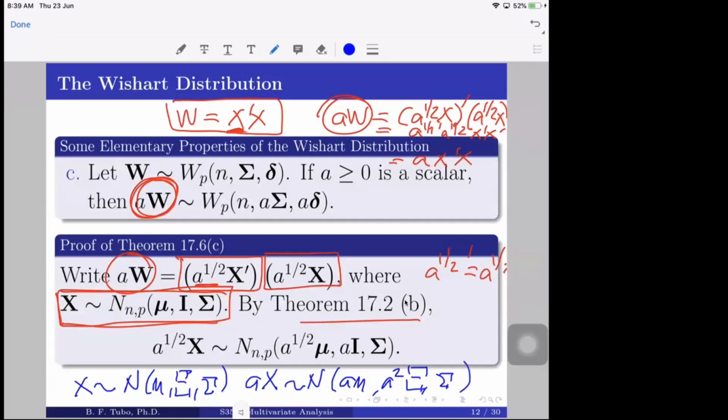Okay, so you have an x which is normal. If we pre-multiply it by a to the 1/2, the a here will be a to the 1/2, so it's a to the 1/2 mu, and then a to the 1/2 squared will just be equal to a, but your psi here is just 1, and then sigma. Okay, is this okay?